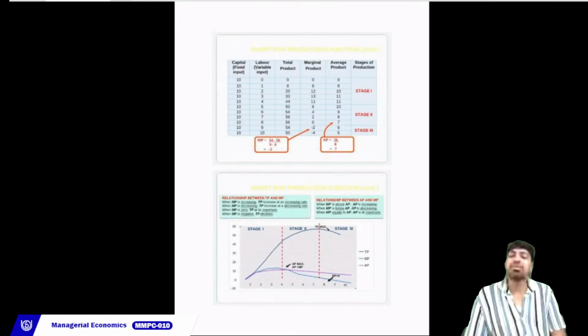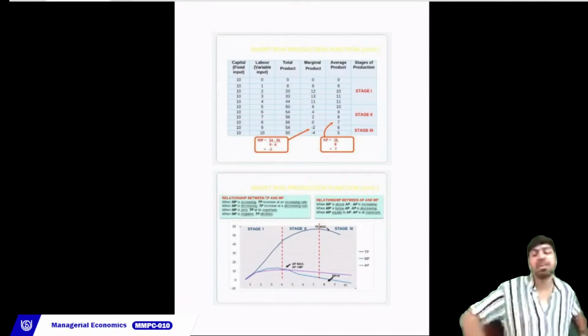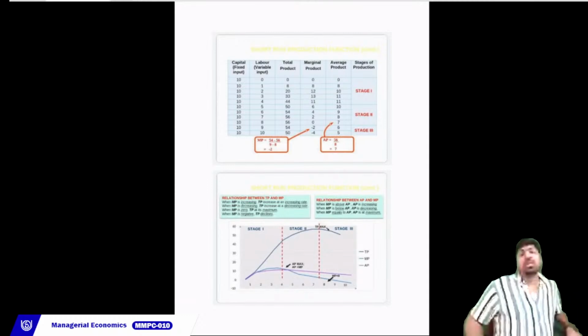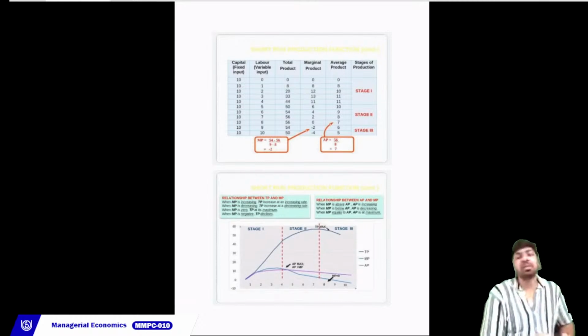But as compared to total product and marginal product, average product is the smoothest relative to output, where it increases initially and slowly, then declines very slowly, and never touches zero or becomes negative.